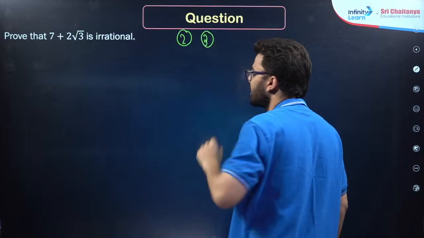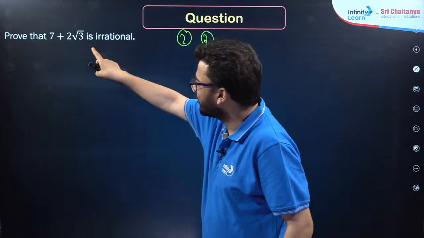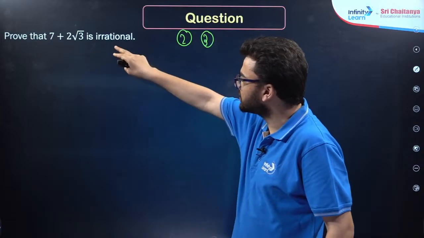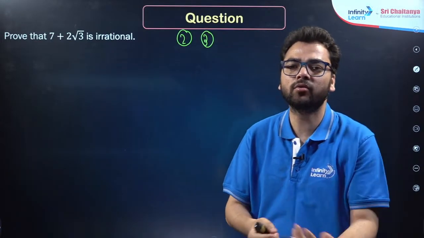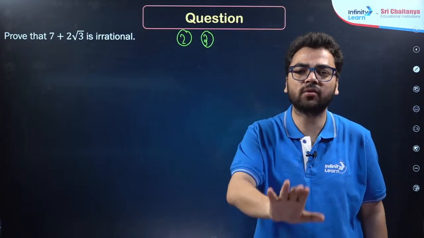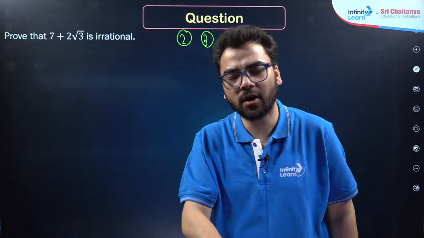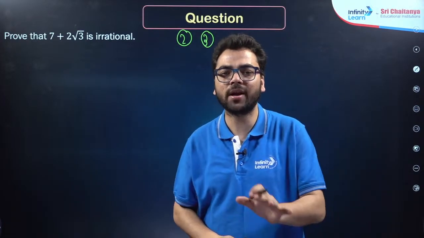The simple reason is, most of the time it will be given in the question: prove that 7 plus 2 root 3 is irrational, given that root 3 is irrational. It means it will be given in the question that root 3 is irrational. If it is not given, you don't have to separately prove root 3 to be irrational.